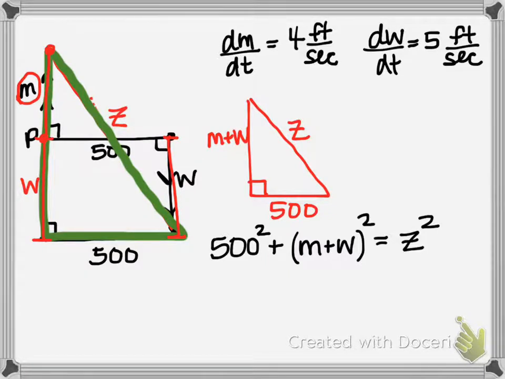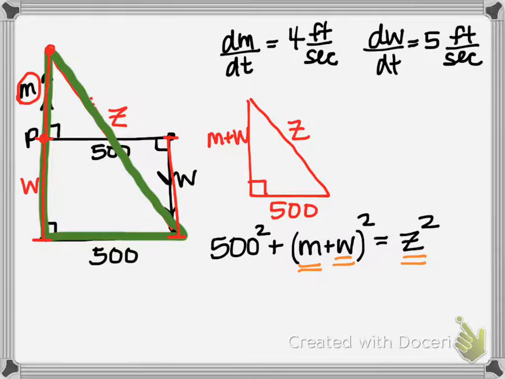Now at this point, I would pause before you jump ahead and go to the derivative. We want to pause and make sure that we actually want to keep all of these variables. We have three variables altogether in this equation, and we need to decide, should we keep all of them, or do we need to eliminate one of these variables? The key is to look at the rates that we know and the rates that we're looking for.